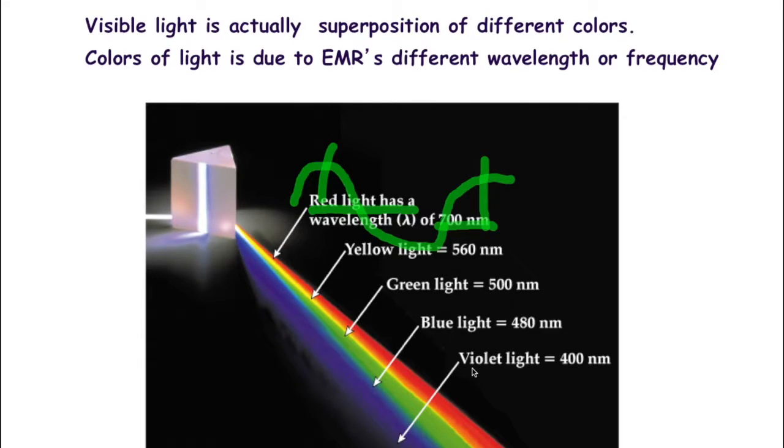On the other hand, violet light, if you measure the wavelength from crest to crest, what we have is 400 nanometers. It's much shorter, and so the wavelength of light is shorter, the frequency is higher, and the energy is also higher.